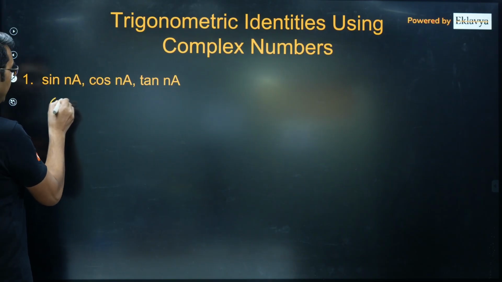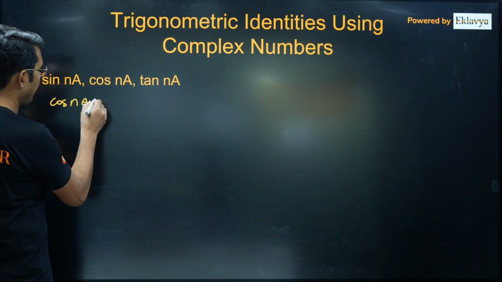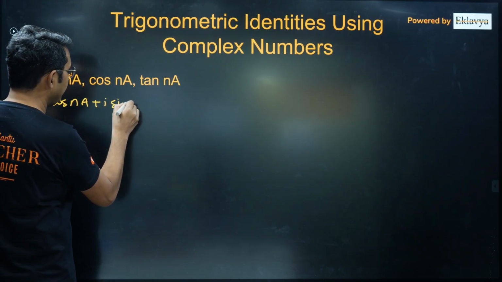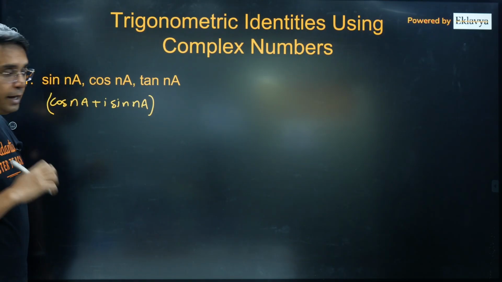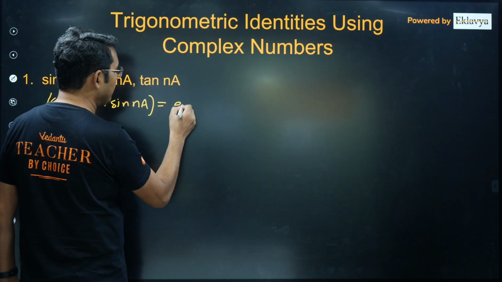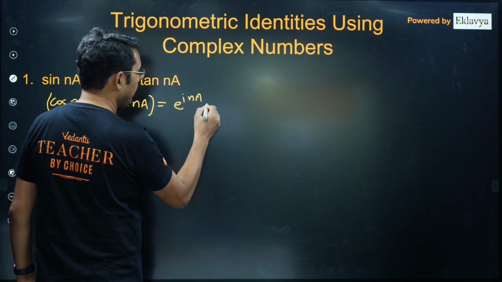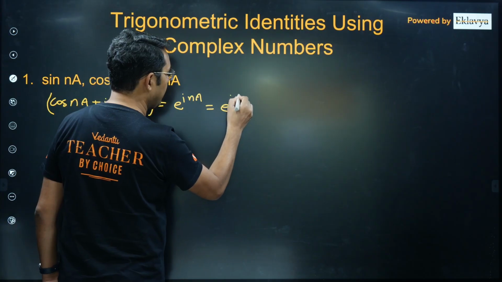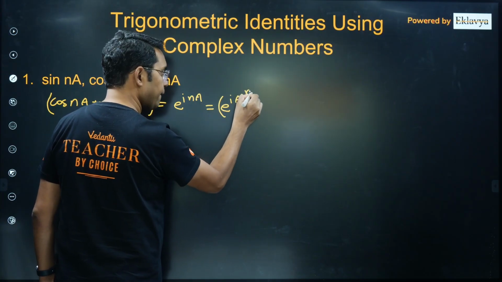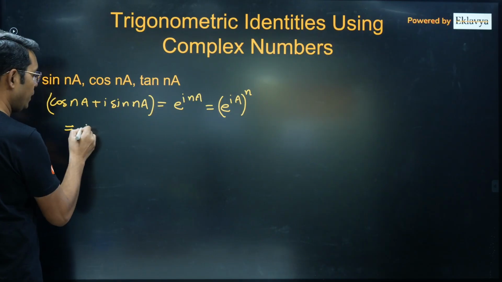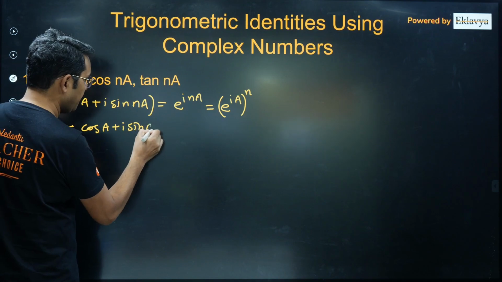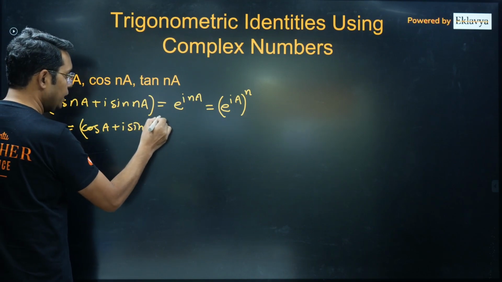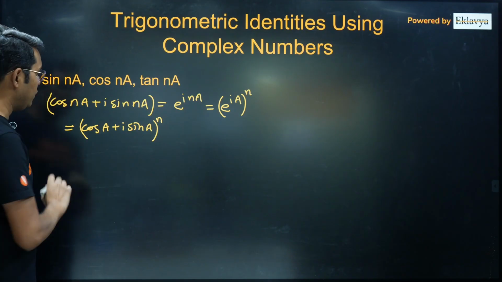To derive cos nA and sin nA, I will write it like this: cos nA plus iota sin nA, which is actually e to the power iota nA. And I can also write it as e to the power iota A, whole to the power n, which means it will be (cos A plus iota sin A) whole raised to the power n. Now you can open it using the binomial theorem.